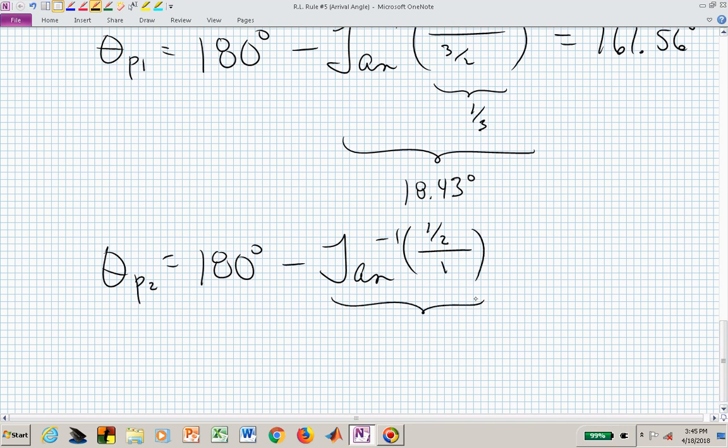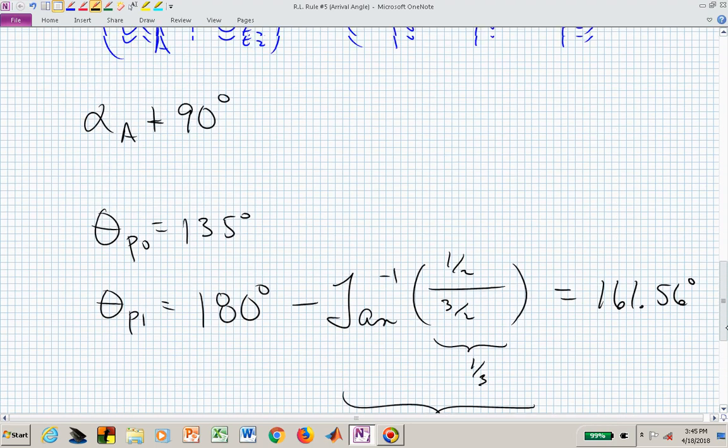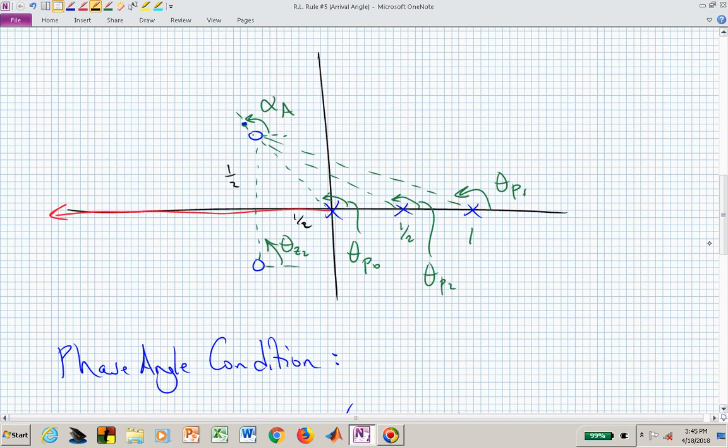This angle now, inverse tangent of 1/2, hopefully I'm plugging these into the calculator correctly, is 26.5, or 26.6, so that we subtract that from 180 and we get 153.4 degrees, which is a little bit less of an angle than what we moved through at the pole at 1, and that seems to make sense.